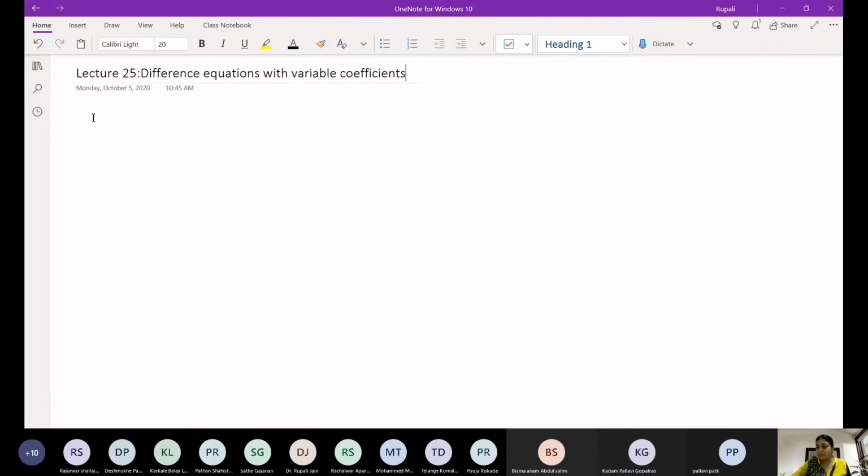Okay. So in previous lectures we have seen how to solve difference equations with constant coefficients, homogeneous and non-homogeneous. To solve non-homogeneous equations, we have seen two methods: the annihilator method and the variation method. I have given some homework and exercise problems for you to solve.